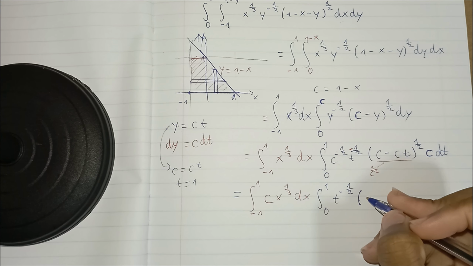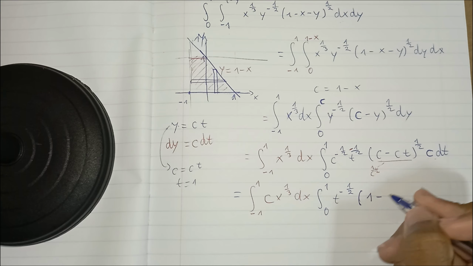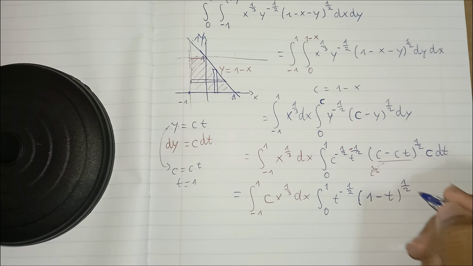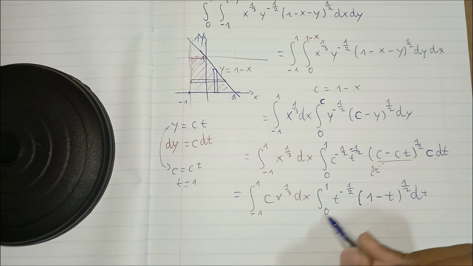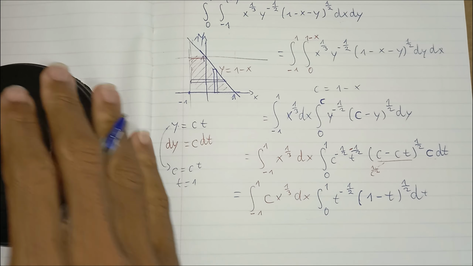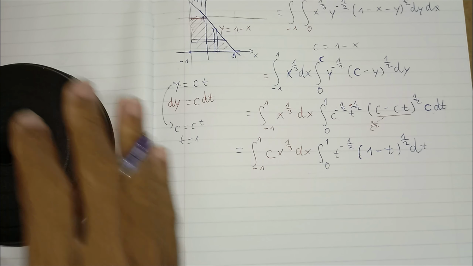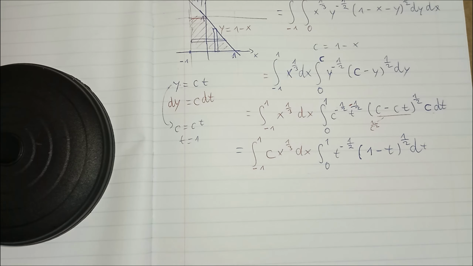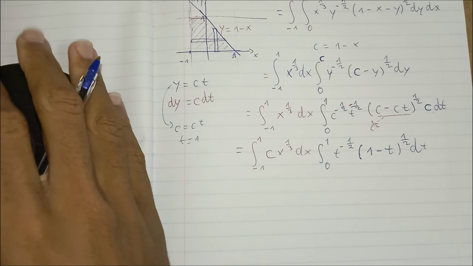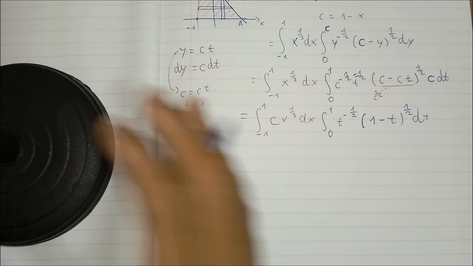Then we get minus 1 minus t to the power 1 over 2 dt. I just wanted this all my life, because now it's obvious that we are going to use the beta function. What is it?